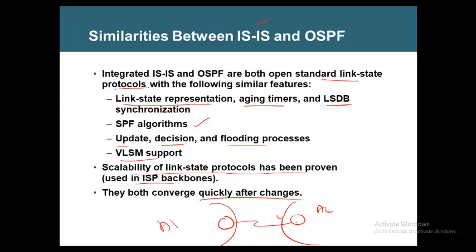They will form neighbor. It works on layer 2, correct. OSPF works in layer 3, ISIS works in layer 2. Very nice difference. Okay, let's go to the next page.